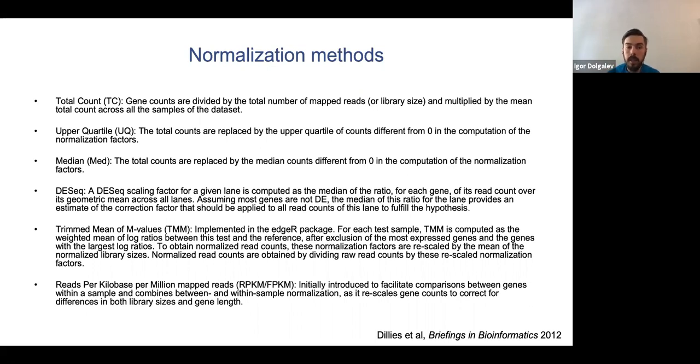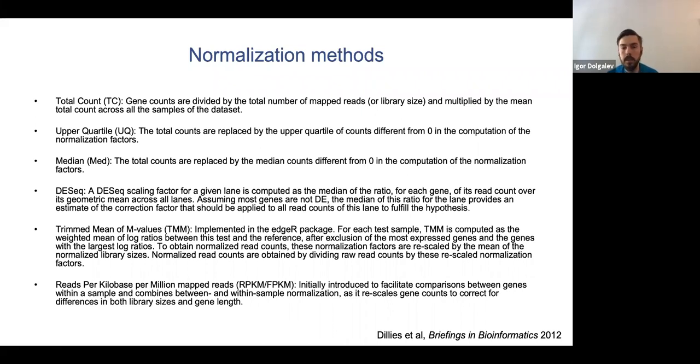There are also more advanced normalizations, for example DESeq and TMM. TMM is the one implemented in the EdgeR package, and they use a more complex method, where the scaling factor for each gene is the read count over the geometric mean across all lanes or all samples.